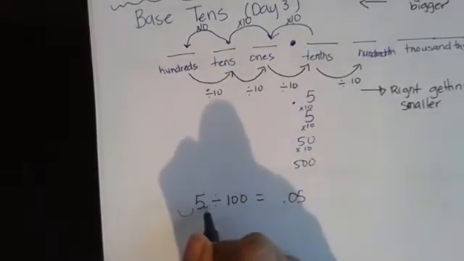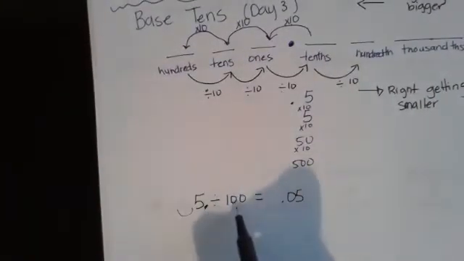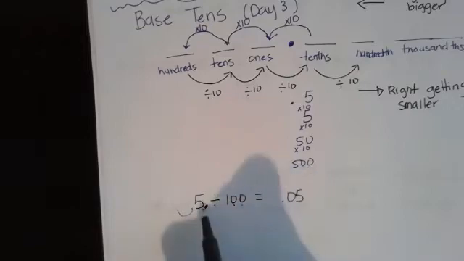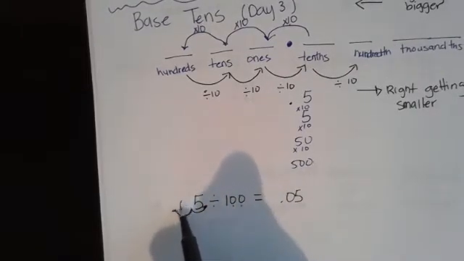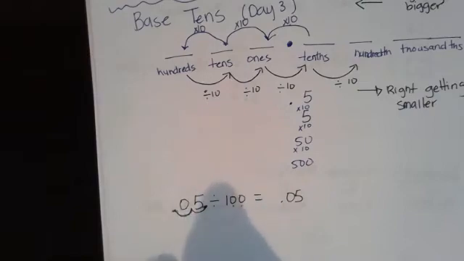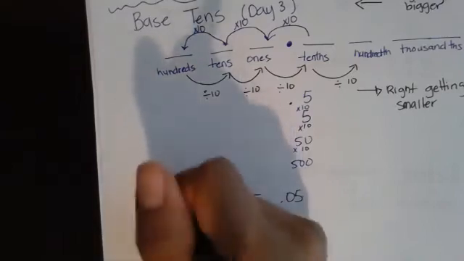And you know that because you have a decimal, and you say decimal, decimal, wake up, because the decimal is right in the back. Even though you might not see it, there's a decimal right there, and then you're moving it twice. 1, 2. So I would move it once, twice, and I would fill it in to 0.05.